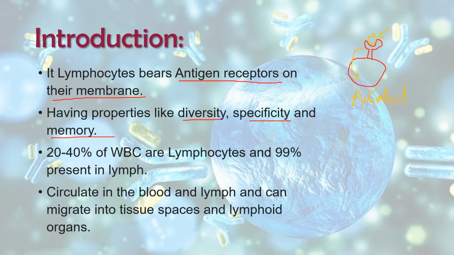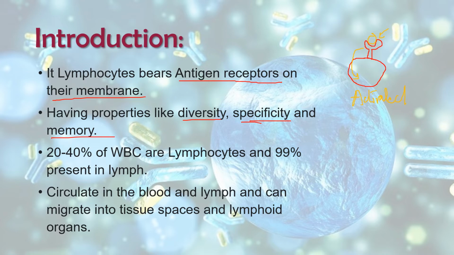Diversity indicates there are millions of lymphocytes that are characterized by the receptors present on their membrane. In terms of specificity, it means they are very specific in the types of antigens. For a particular type of antigen, there is a particular receptor on the membrane of these lymphocytes.